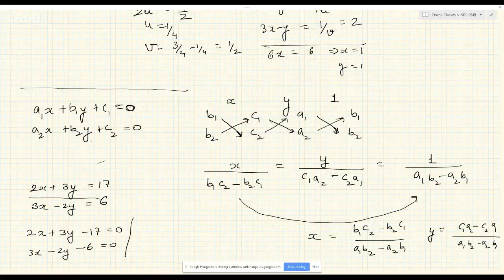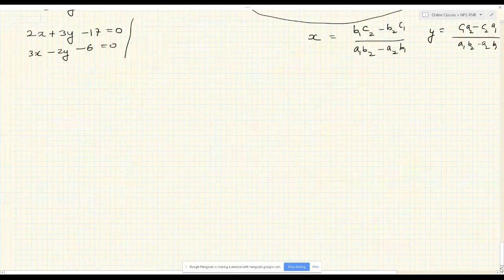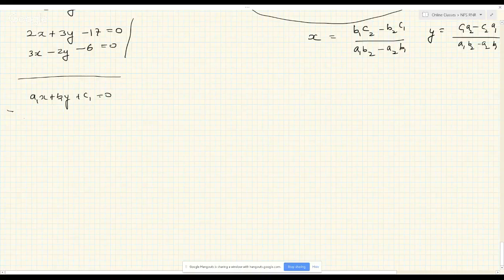So please remember, in a nutshell, this was the total thing which we studied. One was the consistency, inconsistency. So let's say there is a pair of linear equations: a1x plus b1y plus c1 equals to 0 and another one a2x plus b2y plus c2 equals to 0.